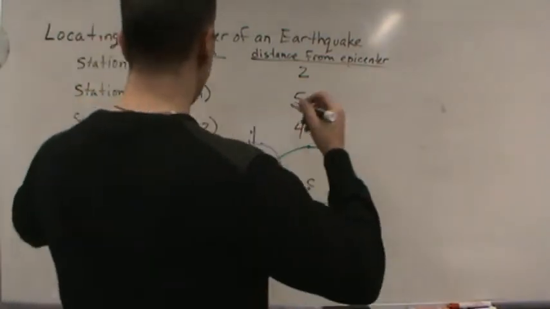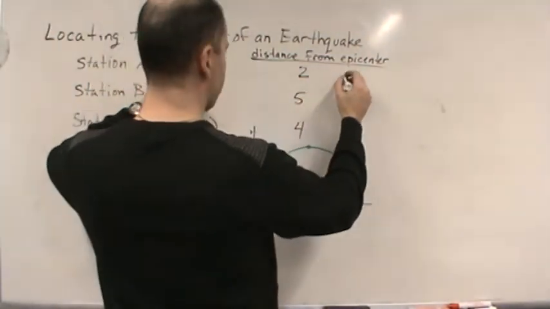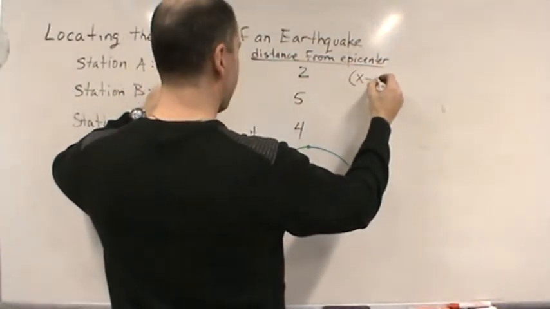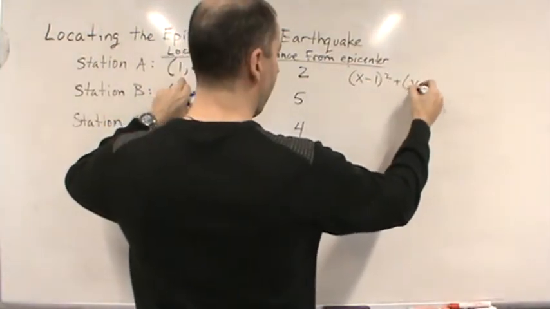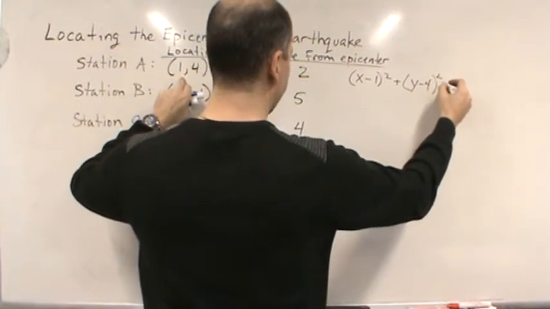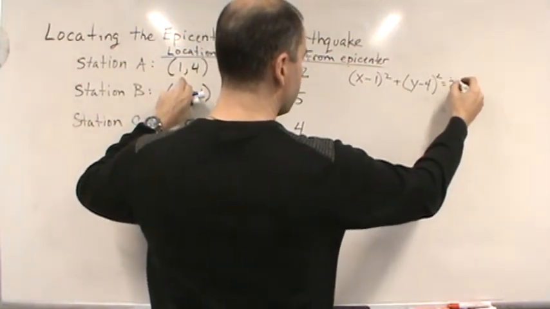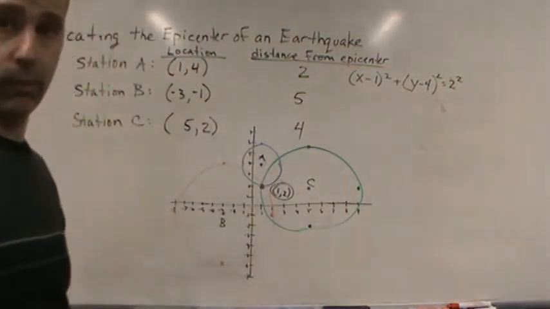So what we can do is take the equation of a circle for each one of these. So this is going to be (x - 1)^2 + (y - 4)^2 = 2^2, right?